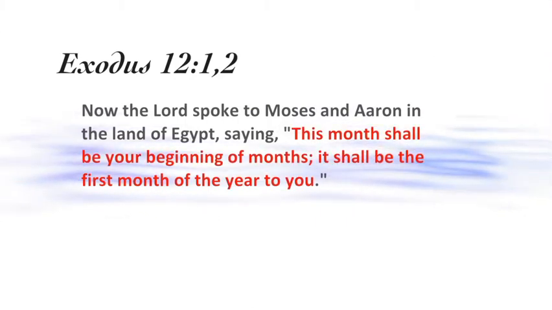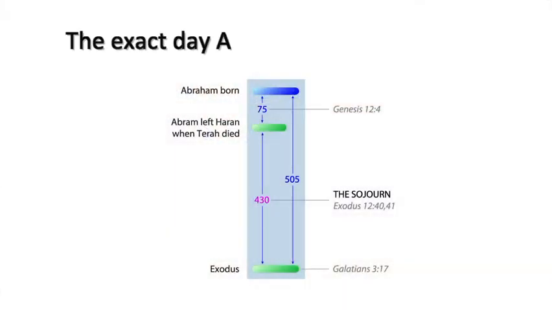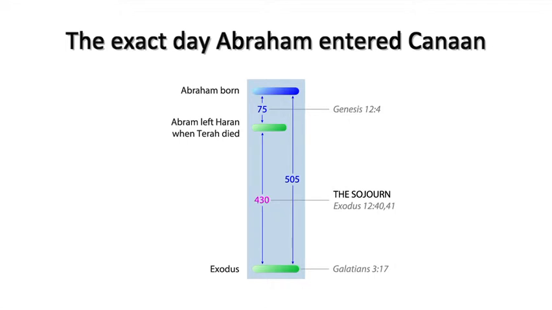That a 6-month calendar change happened at some time is well accepted. But now, through tracing the precise chronology of the Bible, we can understand exactly what happened. Abraham was born on the 15th day of the 7th month, and he entered the land on the 15th day of the 7th month on his 75th birthday.